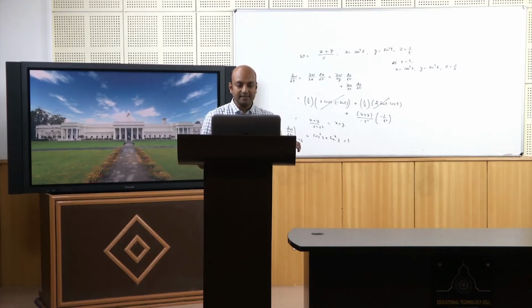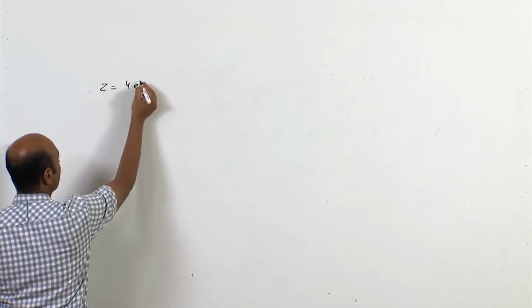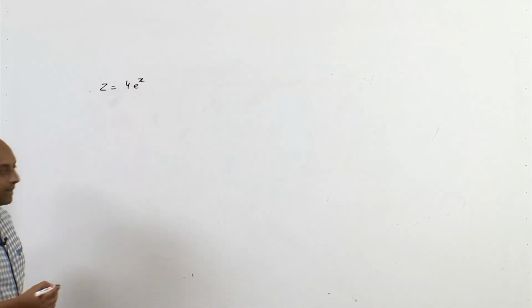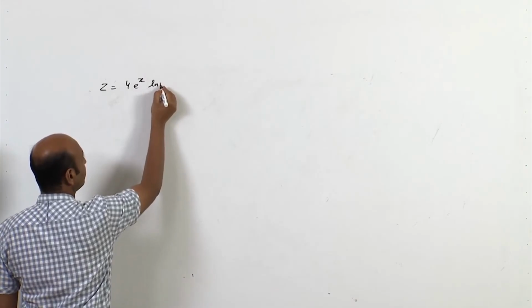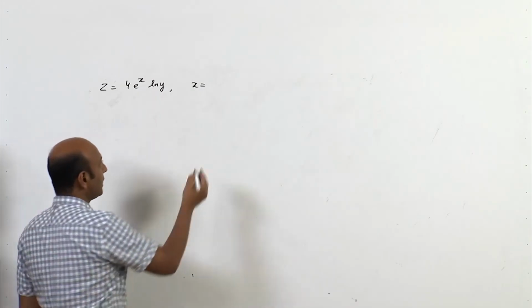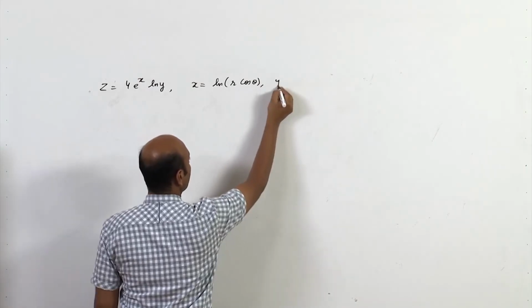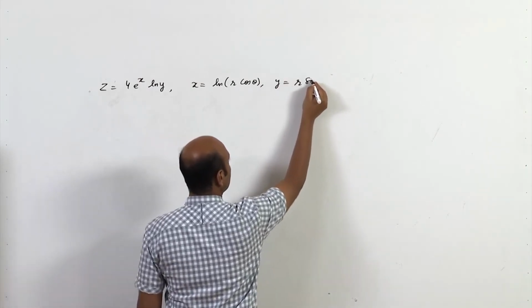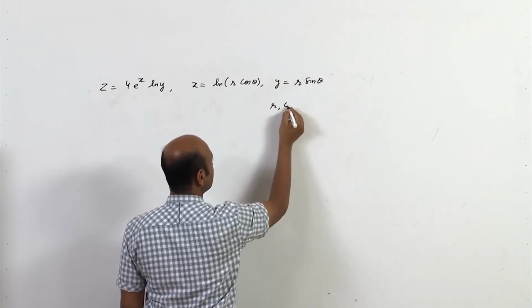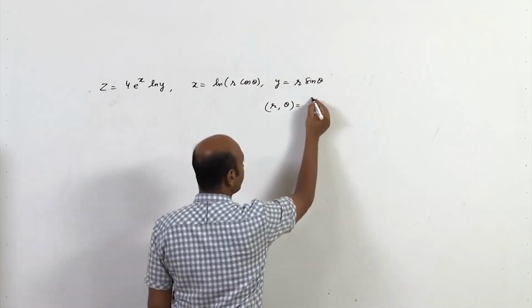So, this I have already discussed. Now, come to some more problems based on this. So, we will take the first problem, z is 4 e raised to power x and ln y, and x is ln r cos theta and y is r sin theta, and the point is 2 comma pi by 4.